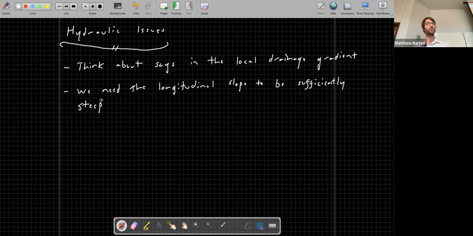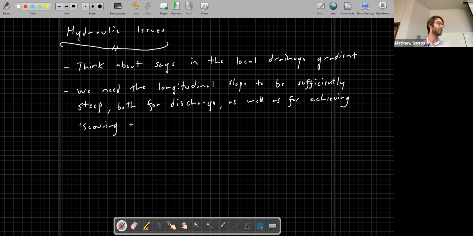For one thing, to achieve enough discharge, but also you need sufficient steepness to achieve what's called scouring velocities. This is actually regulated in gutter and drainage design. So I'll say both for discharge as well as for achieving scouring velocities.